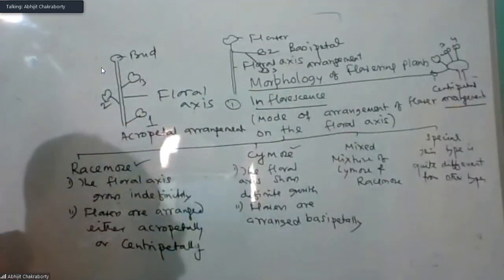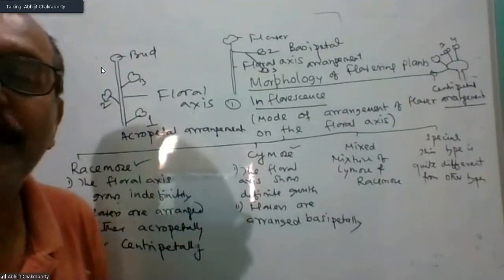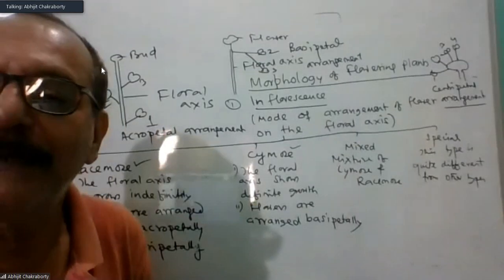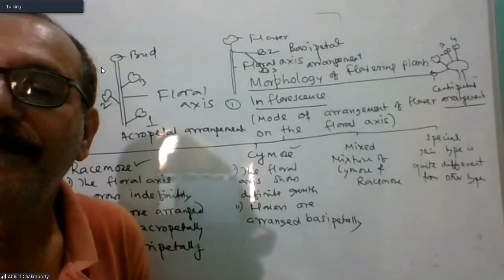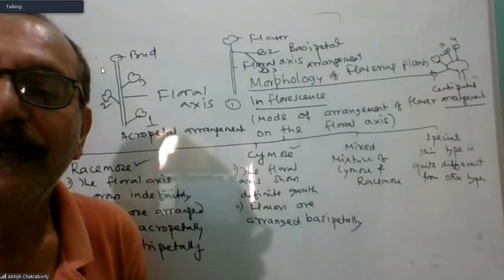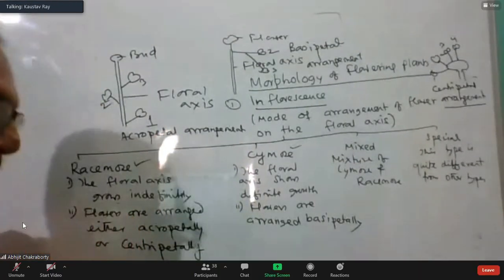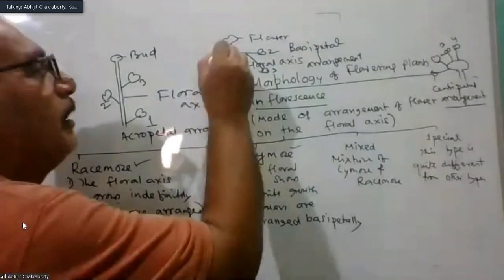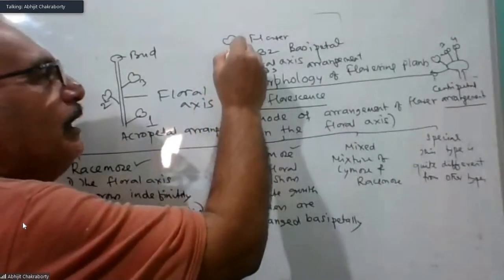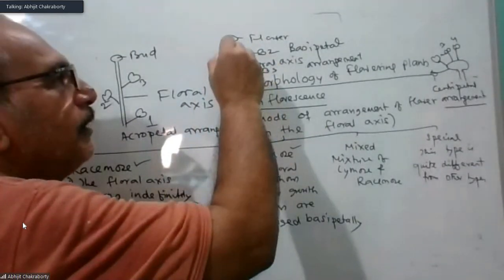Is it clear? Acropetal, basipetal and centripetal. Yes, sir. So basically, basipetal means the first flower is produced at the top and newer flowers are produced from the lower region of it.